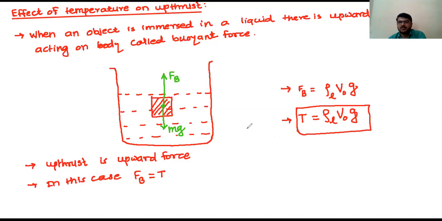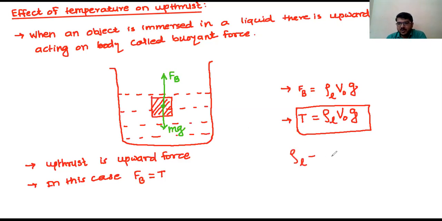Is that clear? First we have seen when an object is immersed in a liquid, then there will be one force which is acting in upward direction, that is called buoyant force. And upthrust is nothing but upward force. So thrust will become rho L into V naught into g.